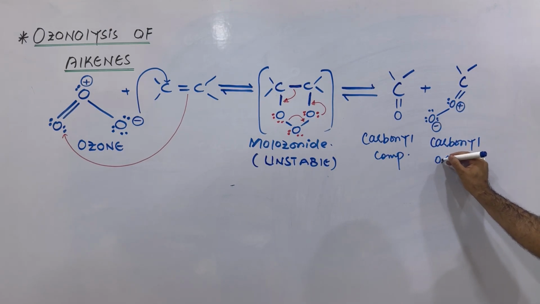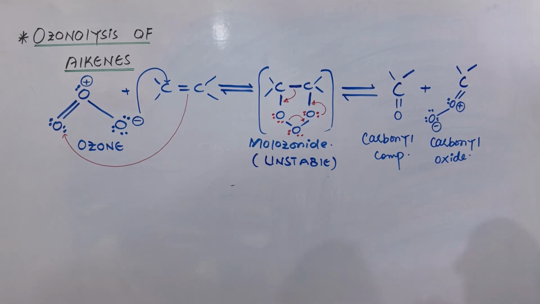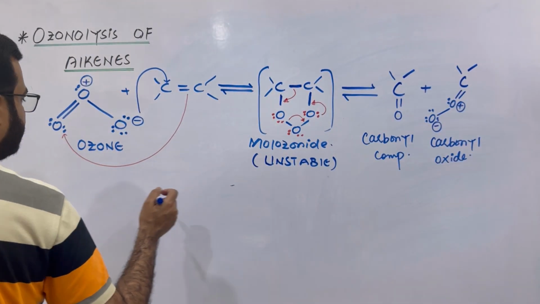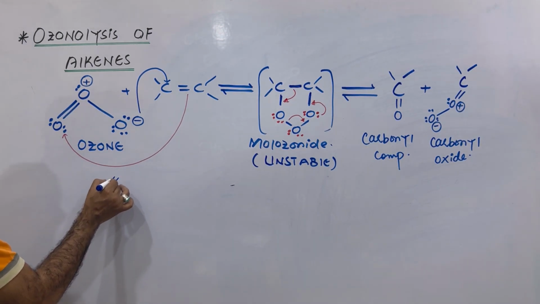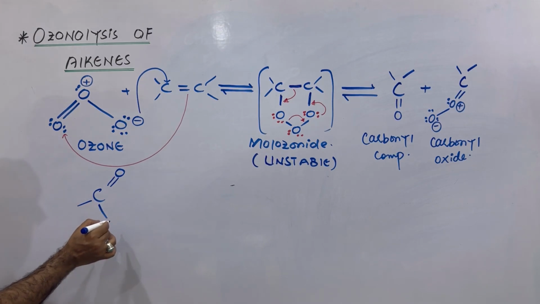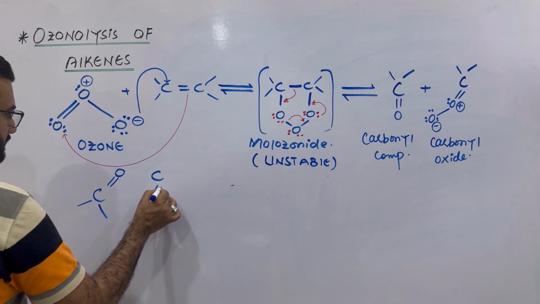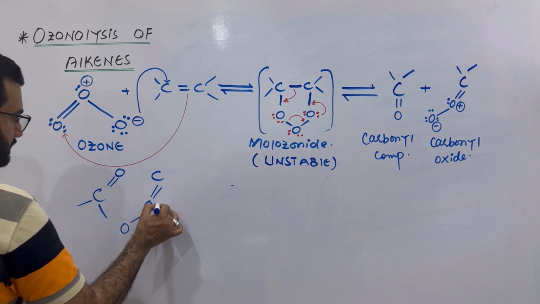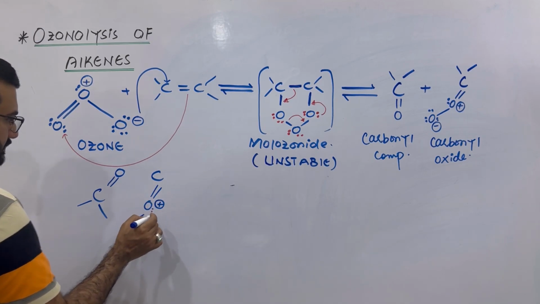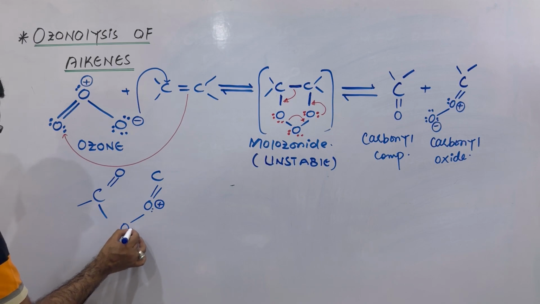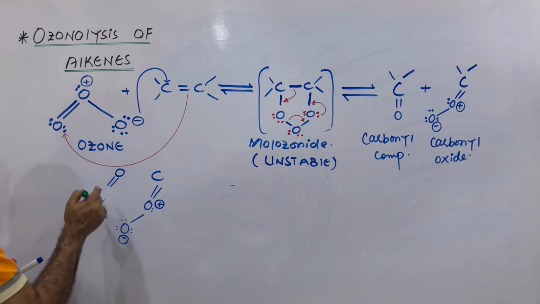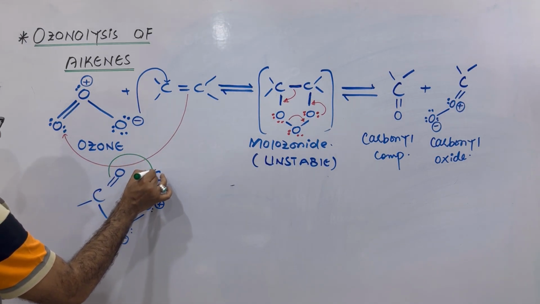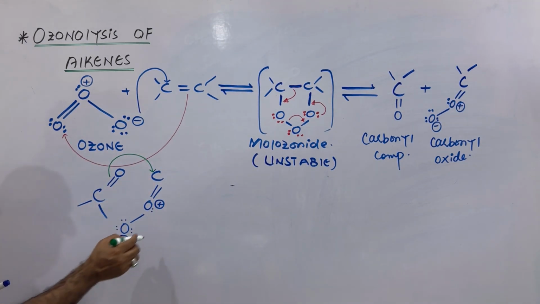It will be called the carbonyl oxide. And this carbonyl oxide is again highly unstable, so it will get rearranged. As a result of rearrangement, this oxygen, because of its pi electron, will attack on this carbon.